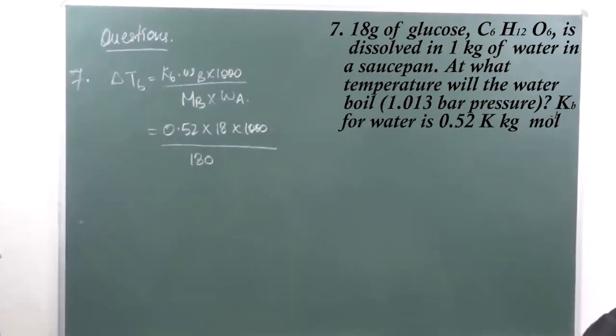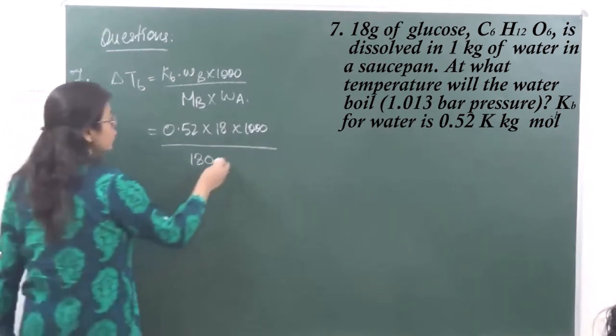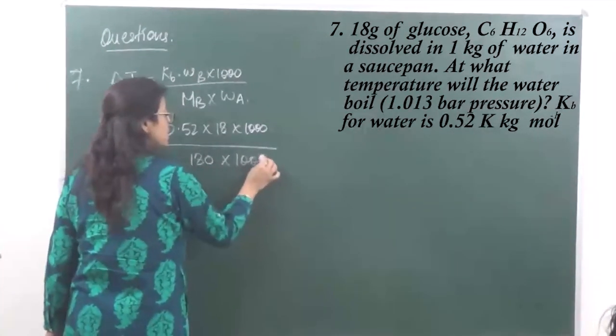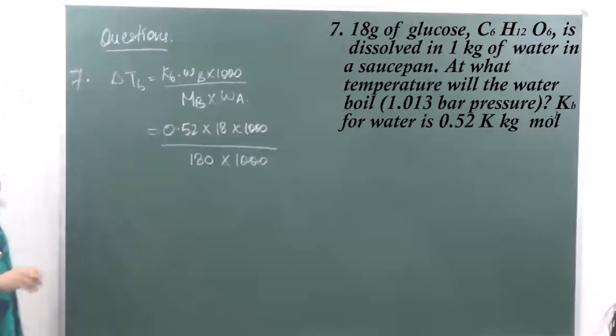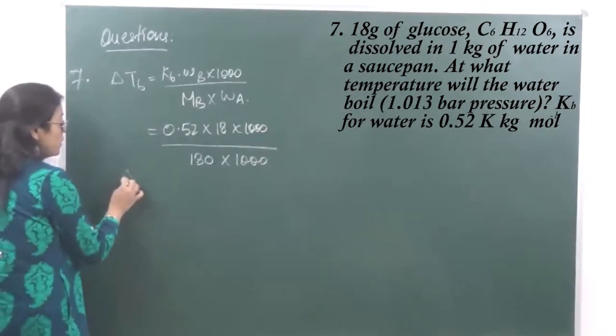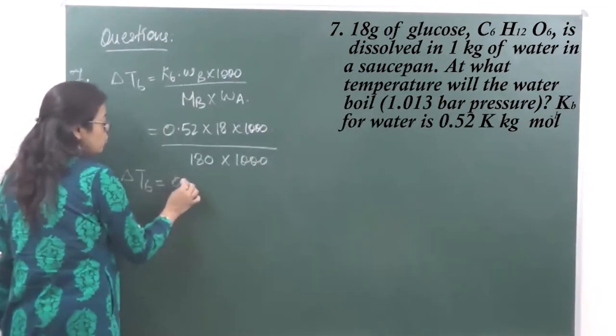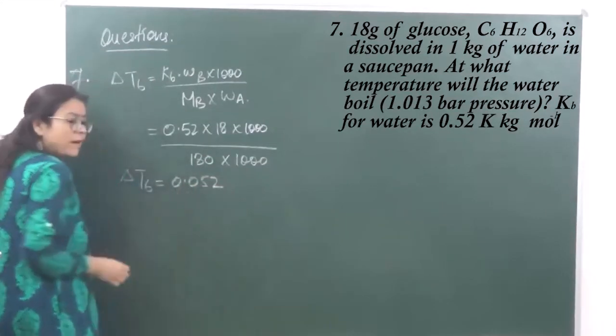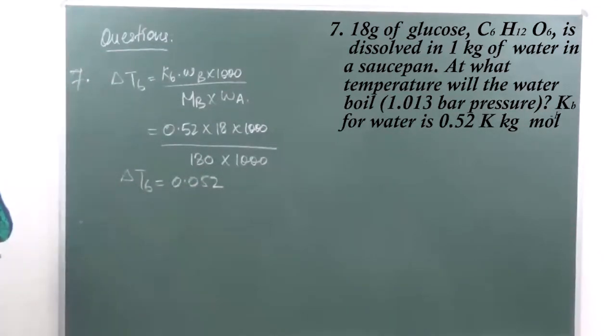Molecular mass for glucose is 180 and they are saying 1 kg of water, so 1 kg of water means 1000, right? So delta TB over here is coming to 0.052 and they are saying calculate the temperature of the solution now.